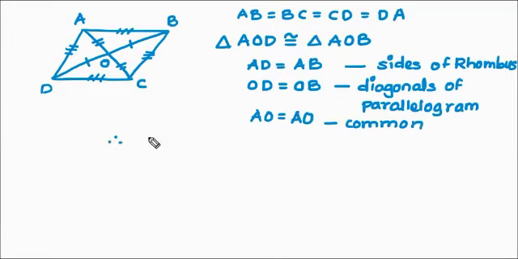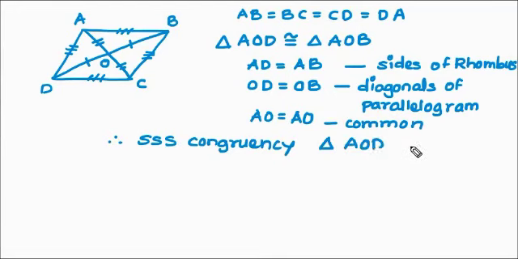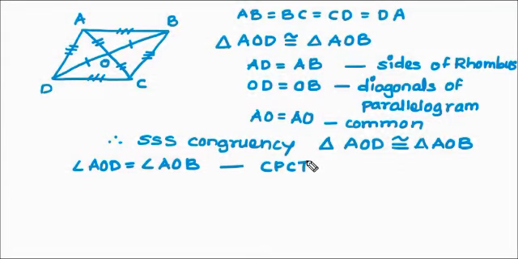Therefore, using side congruency, when we know that AOD and AOB are congruent triangles, we can also say that, using corresponding parts of congruent triangles, angle AOD is equal to angle AOB.